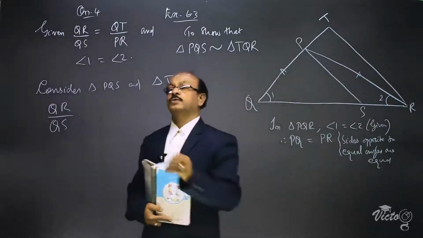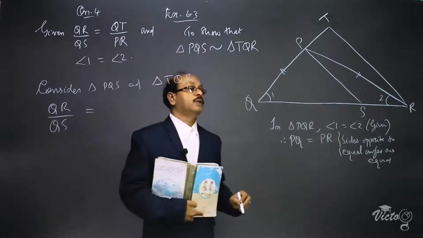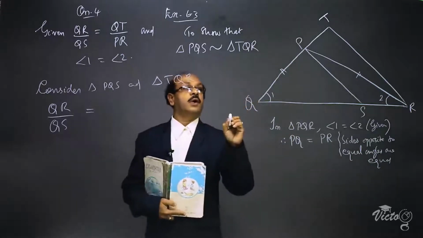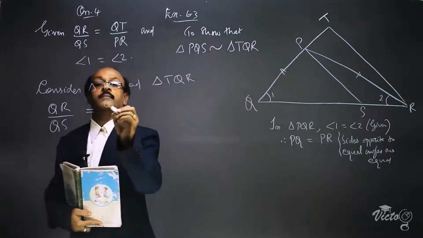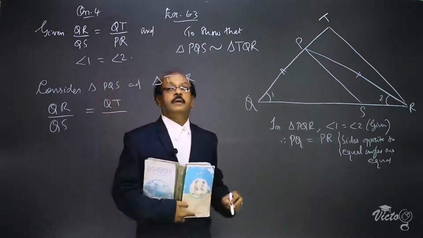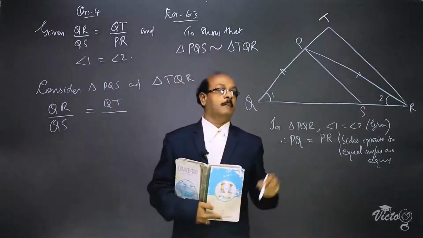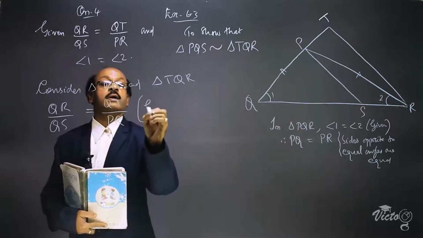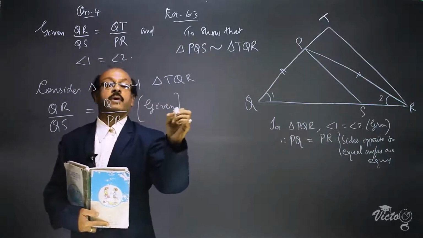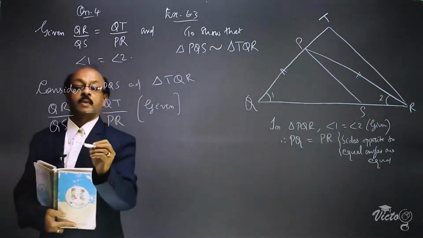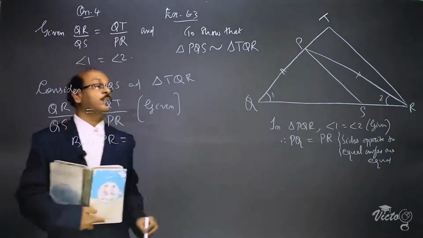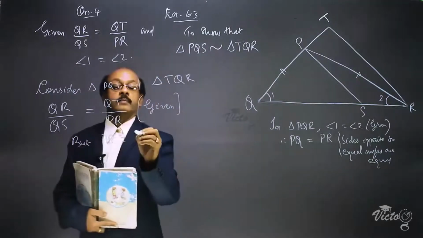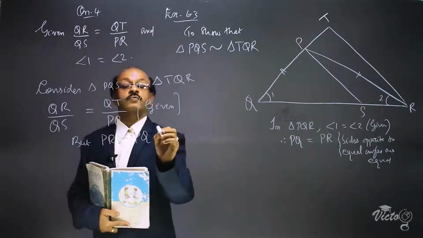QR divided by QS is equal to QT divided by PR, which is given. QT is the side of the larger triangle. But the length of PR is equal to PQ, which we have proved.